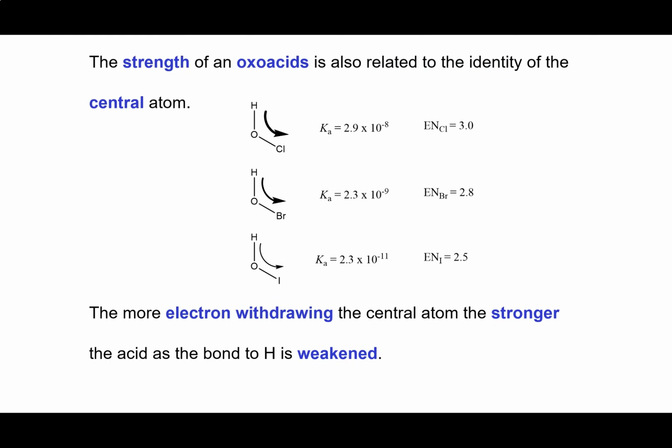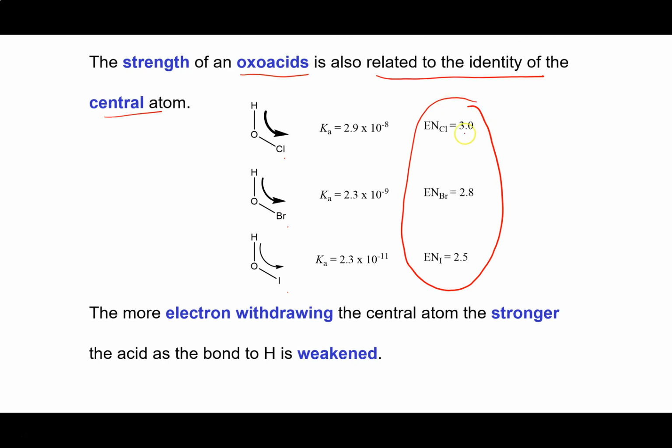Alright, so the strength of oxoacids is also related to the identity of the central atom. So here are a bunch of acids where they all have the same number of oxygen atoms, but the central atom is varying. And it's all about that electronegativity of the central atom.